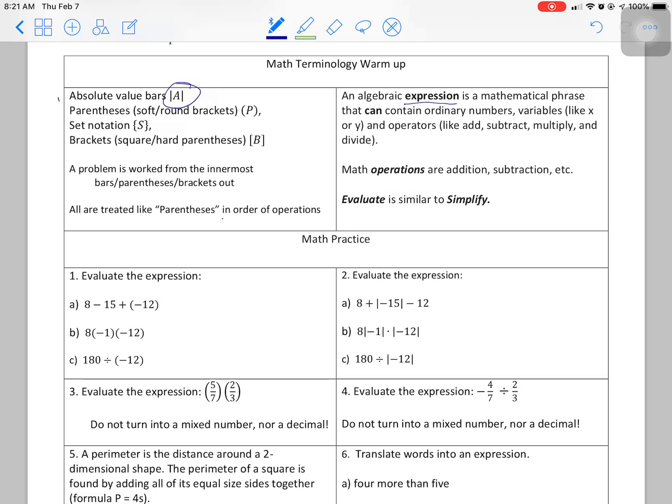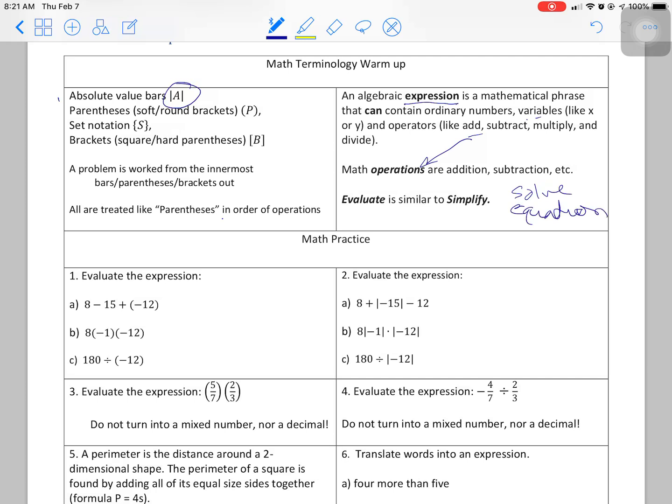An algebraic expression is a phrase that contains numbers. It can have variables, adding and subtracting. The adding and subtracting are the operations. Evaluate is similar to simplify. If you have an equation, it has an equal sign, and you're going to solve equations.